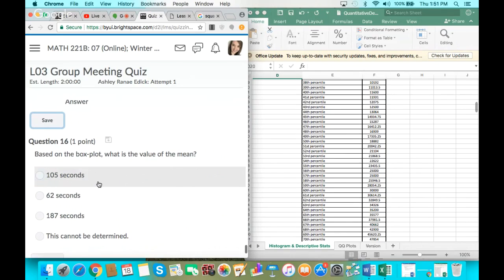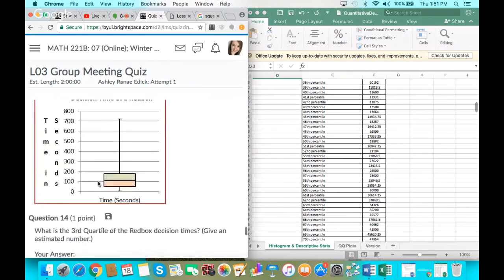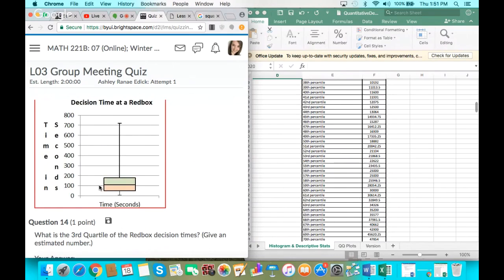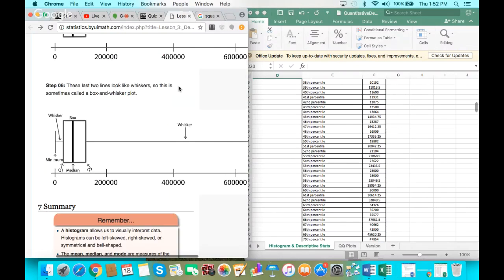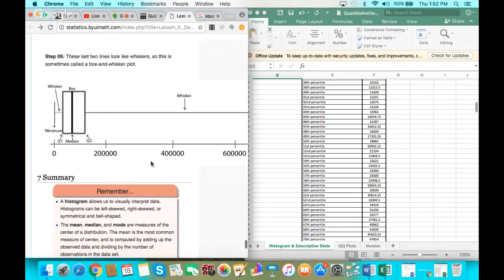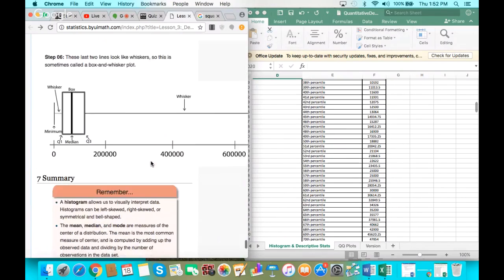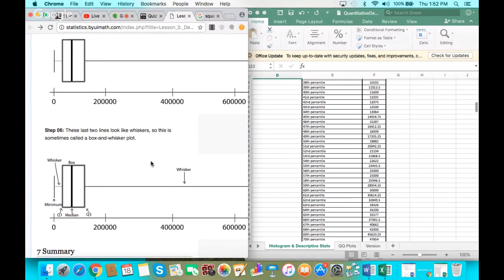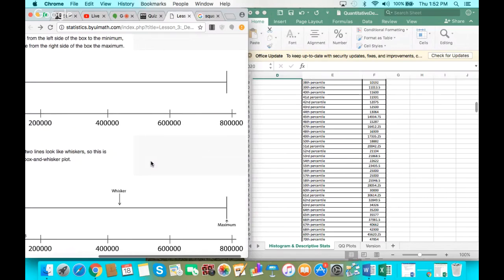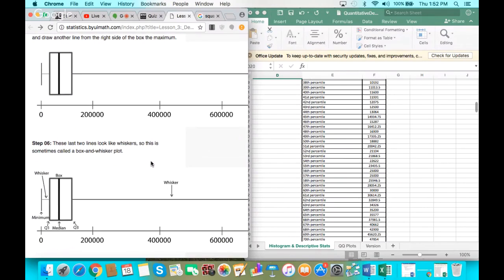Based on the box plot, what is the value of the mean? Huh. We can't determine that, can we? The mean, no, no, no. I don't know if we can do the mean.